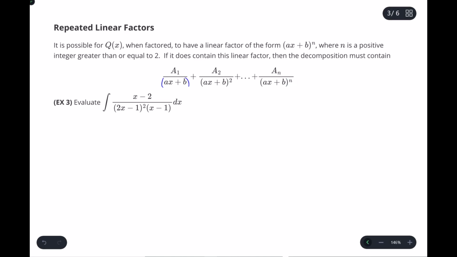So to handle that, what we do is we put different factors in the denominator, one with an exponent of 1, the next with an exponent of 2, and then just still simply constants above it. Probably easier to show rather than explain. This formula will probably make more sense if I walk you through the details.